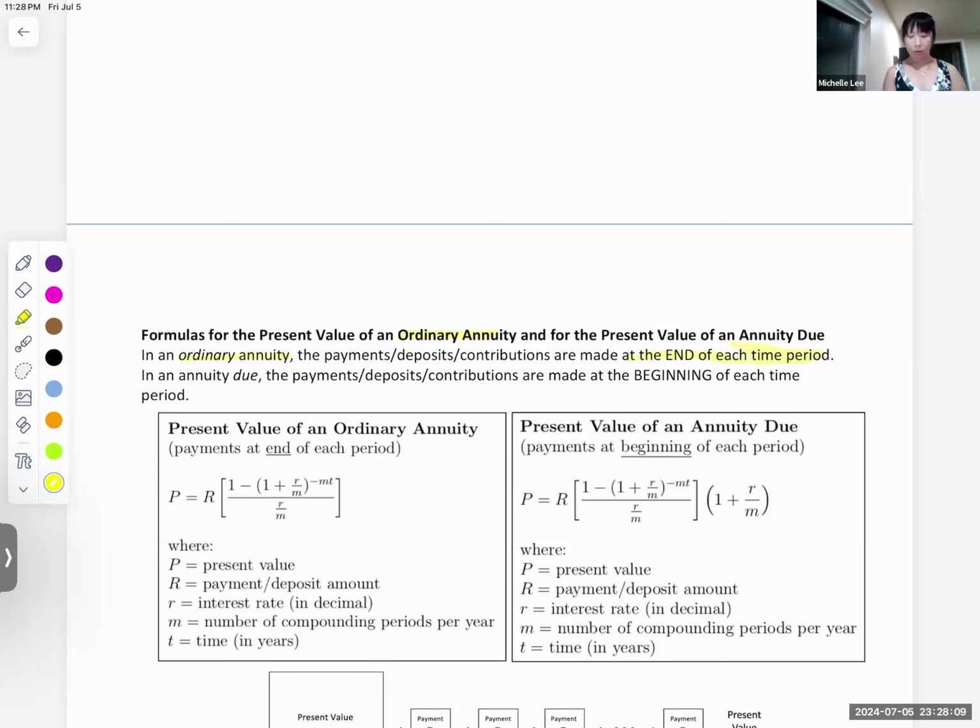Now we have annuity due, that is where payment, deposit, contribution are made at the beginning of each time period.